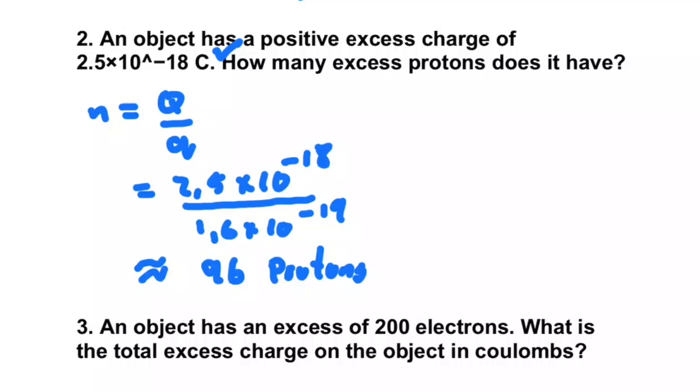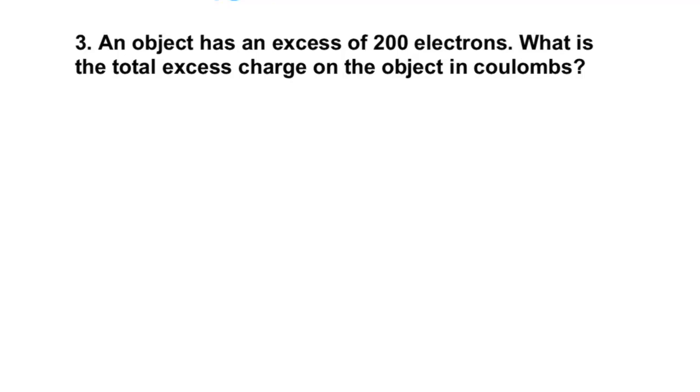The last question, an object has an excess of 200 electrons. What is the total excess charge on the object in coulombs? Well, we have the number of electrons. We are looking for the charge, but we do know the charge of an electron, the elementary charge.